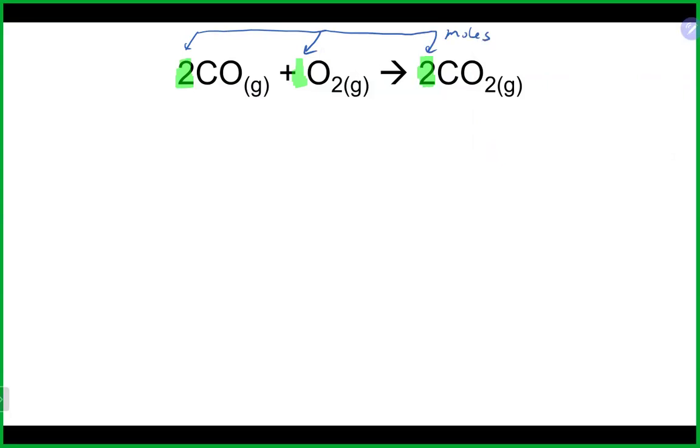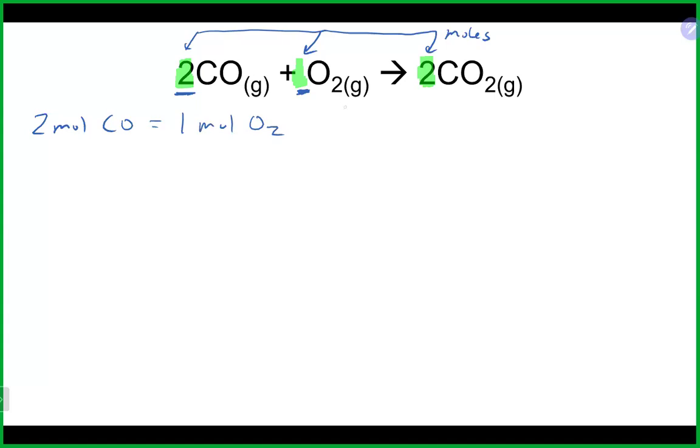So if I look at this equation, I can see that for every 2 moles of CO, how many moles of O2 would I have to put in there? 1. So 2 moles of CO equals 1 mole of O2. That's an equality that I could get from this equation. That's an equality that will give me 2 conversion factors that I could use in the calculation. And just like any conversion factor, it's just a fraction.